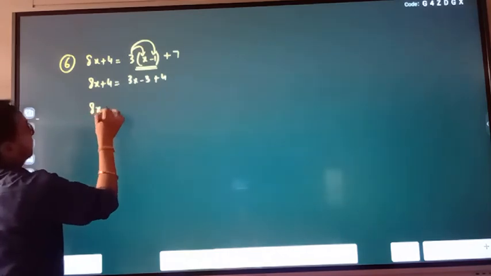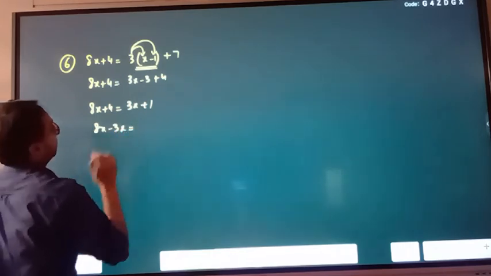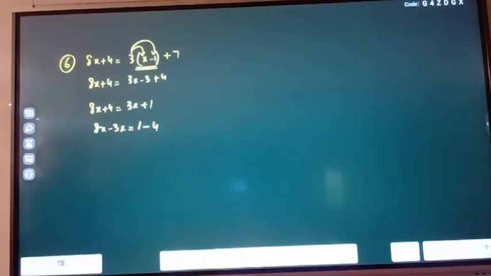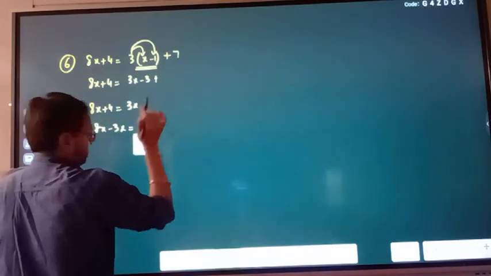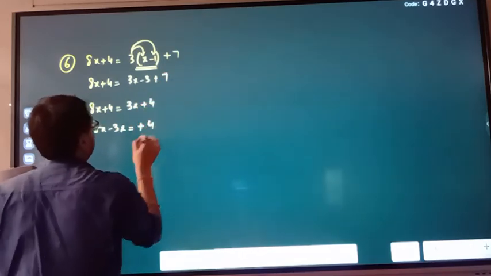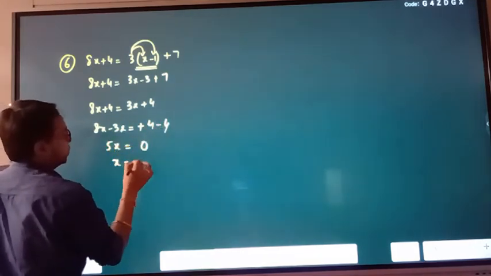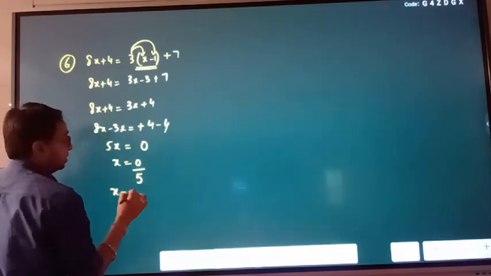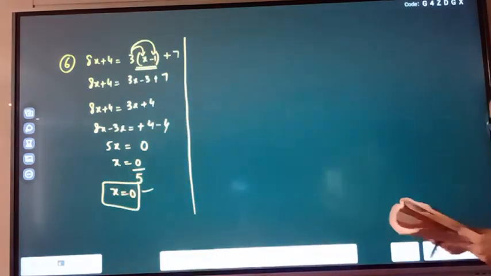Now 8x plus 4 equals 3x plus 4, so 8x minus 3x equals 4 minus 4. And that goes to the other side: 5x is 0. x is equal to 0 by 5. Zero divided by any number, the answer is 0. If you want to check, you have to simply put the value. Clear?